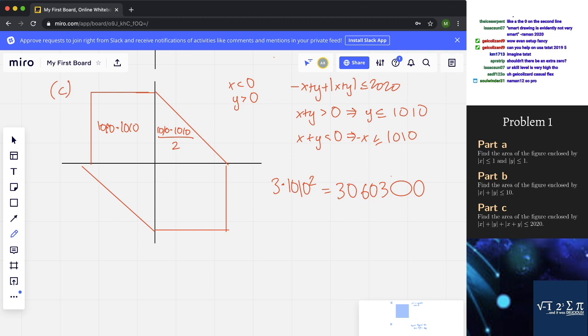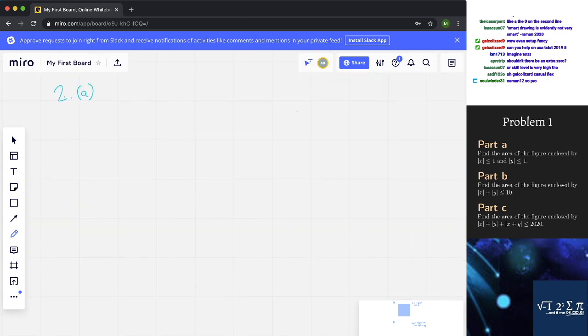Okay, problem 2. By the way, at the end of this, I'll share you guys all my board, I guess, because why not? And it just refuses to draw. Okay, give me a sec. Here we go, problem 2. So let me load up the problem actually. Give me a second. This will take some time.